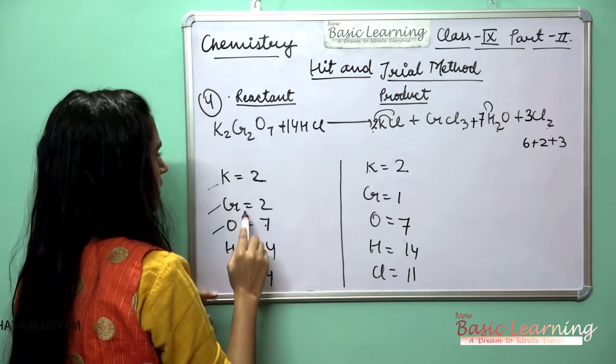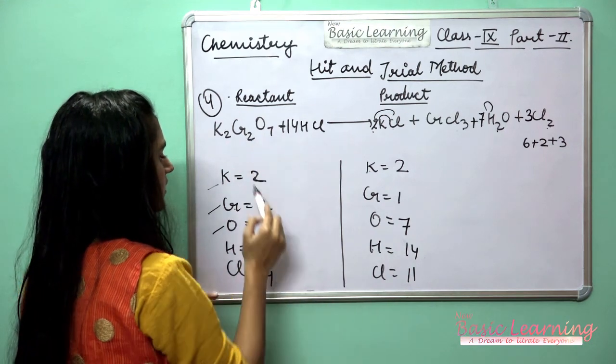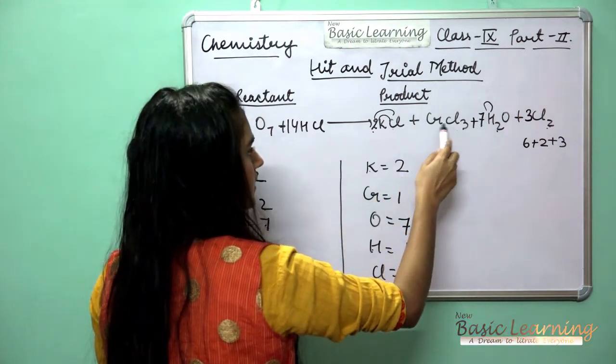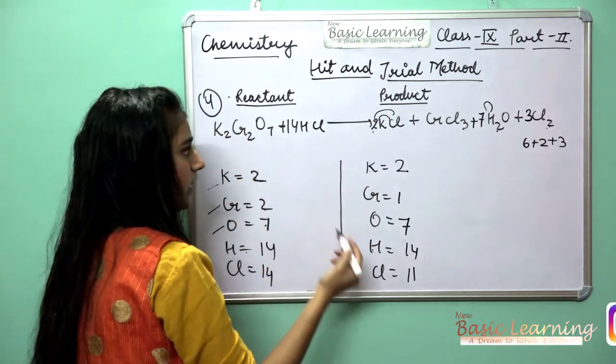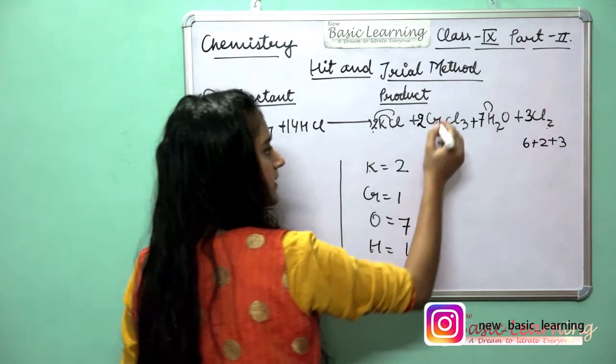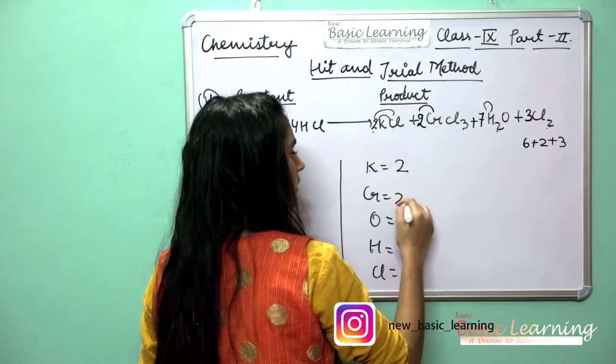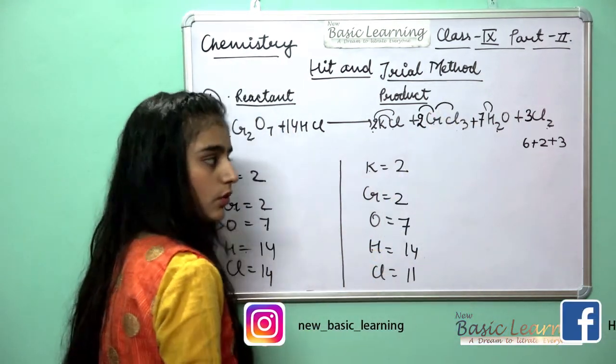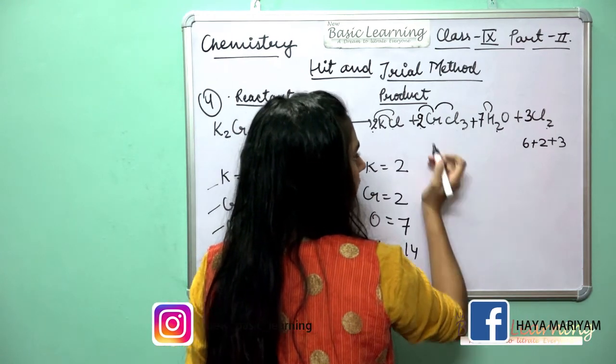Chromium is left. So here chromium is 2 and here chromium is only 1. So what will I do? I will add 2 here again. So now at the same time it becomes 2 and chlorine will also become 2. So 3 2s are 6.